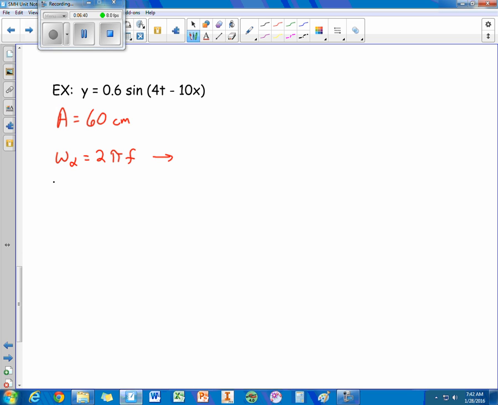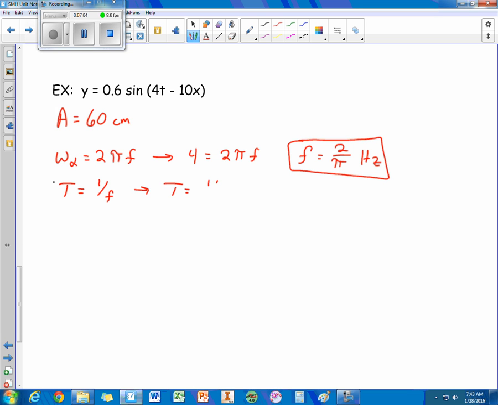So what that means then is I got 4 equals 2 pi times frequency. So that means that the frequency equals 2 divided by pi, and the units for frequency are hertz. All right, moving right along, that means I know the period, because period is 1 divided by the frequency. So the period is pi over 2 seconds.